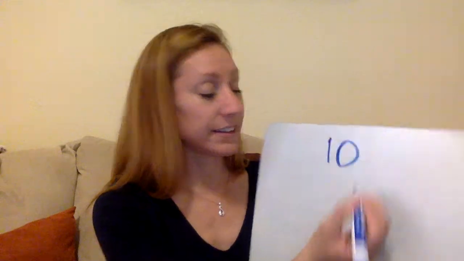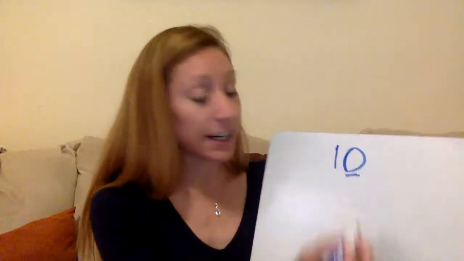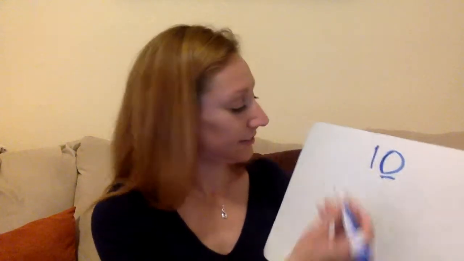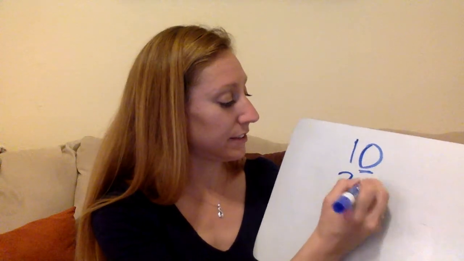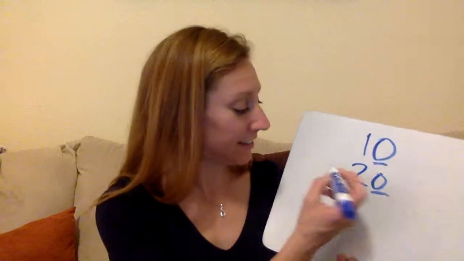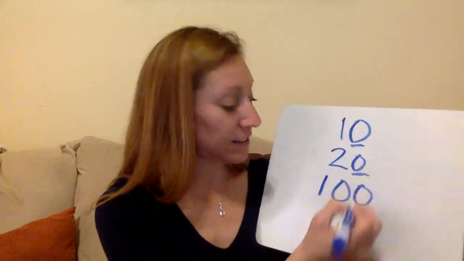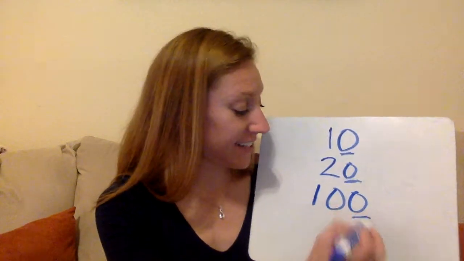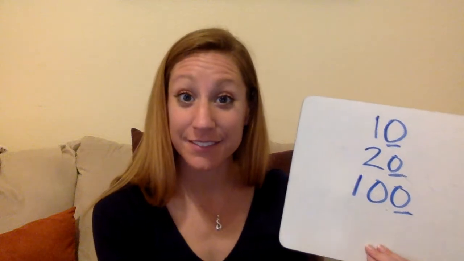How about a 0 in the ones place? That one's a little bit trickier. See what you can think of. 0 in the ones place. The number 10 has 0 in the ones place. The number 20 has 0 in the ones place. 100 has 0 in the ones place.